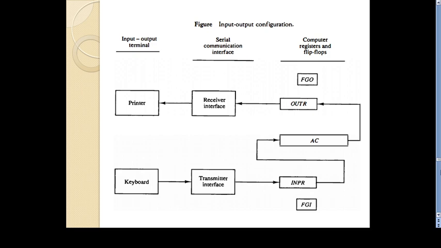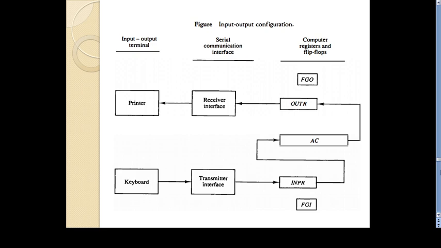The serial information from the keyboard is shifted into the input register through the transmitter interface in serial form, and the serial information from the printer is stored in the output register. These two registers communicate with the communication interface serially and with the accumulator or AC in parallel form.